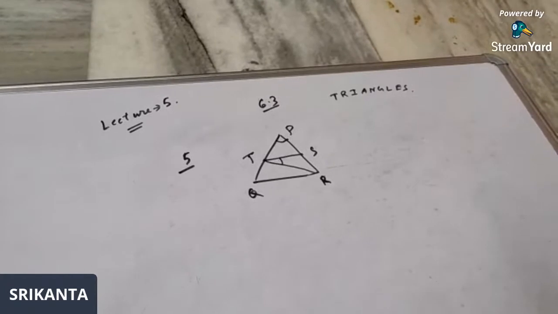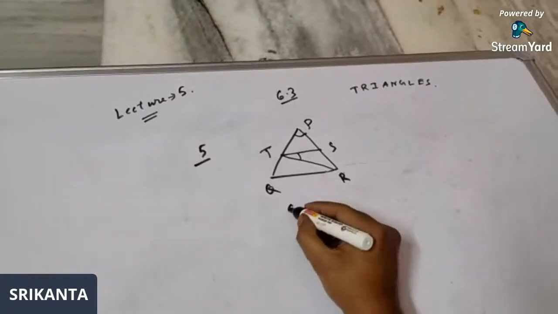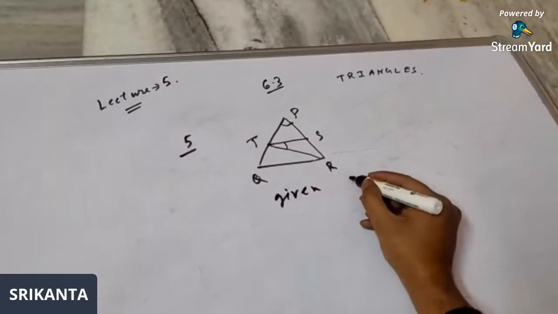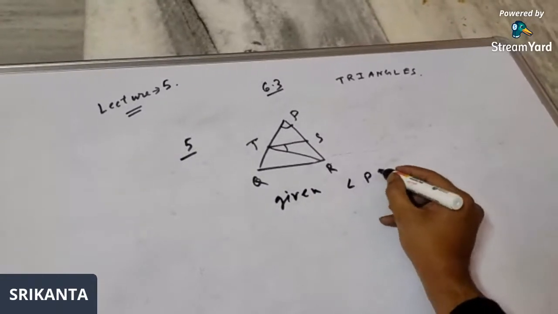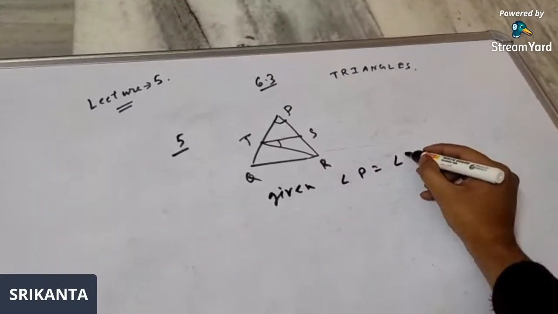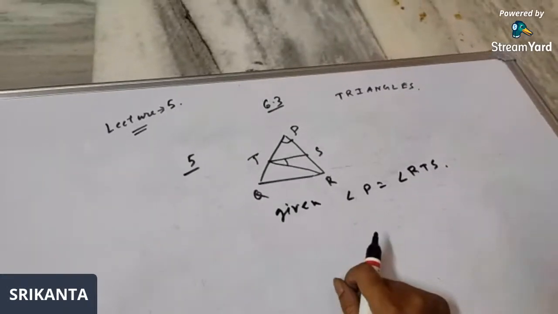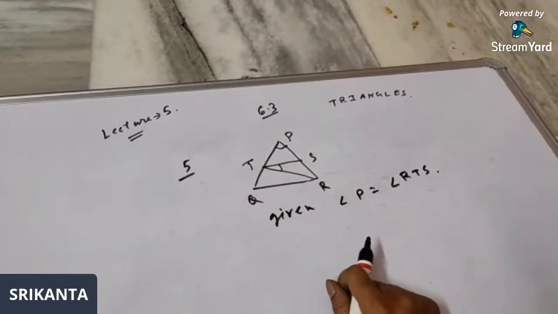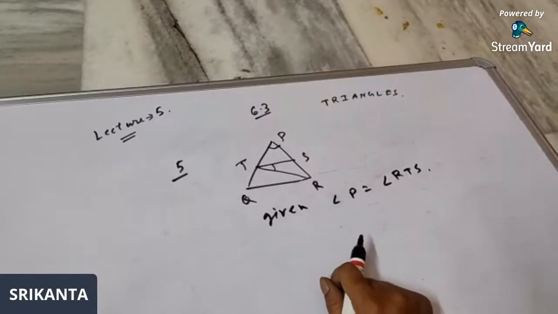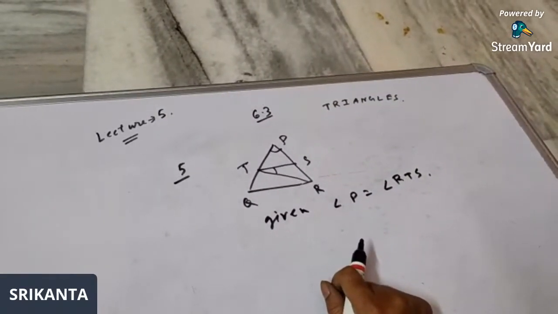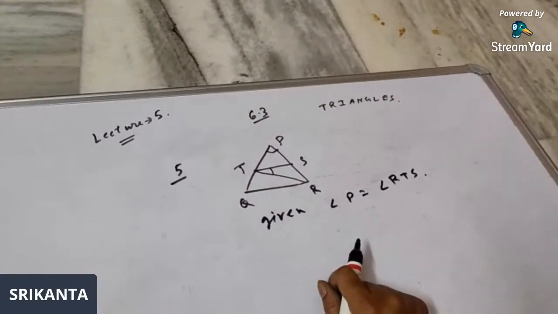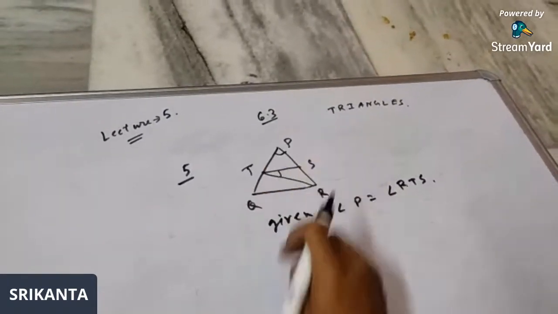We have to prove what? What is given? Given angle P is equal to angle RTS. S and T are points on the side PR and QR of triangle PQR such that angle P is equal to angle RTS. These two angles are equal.